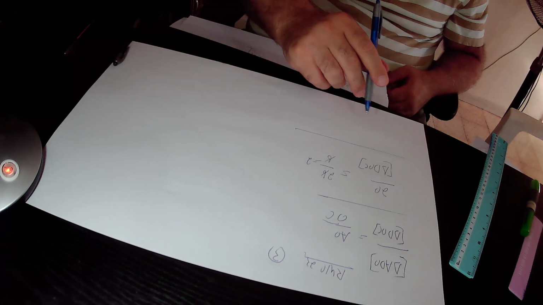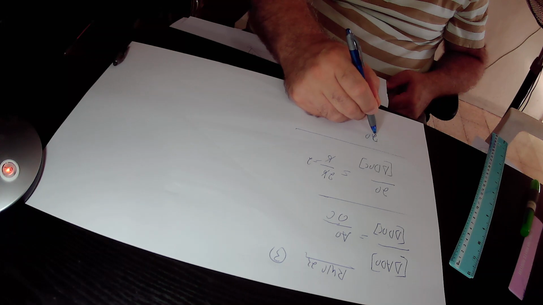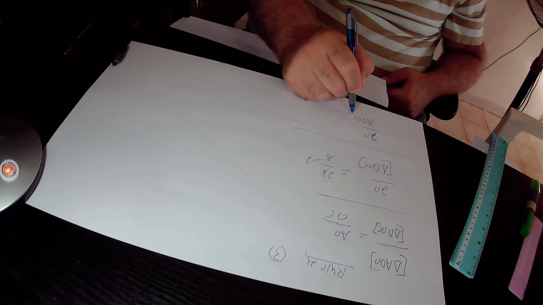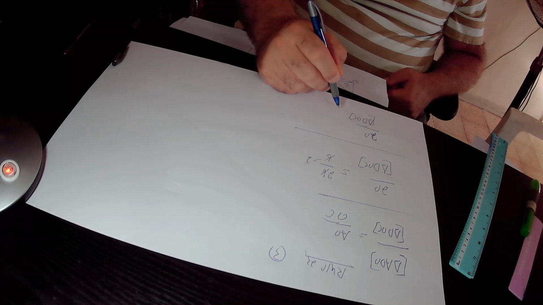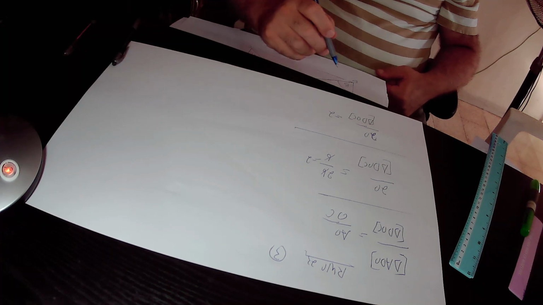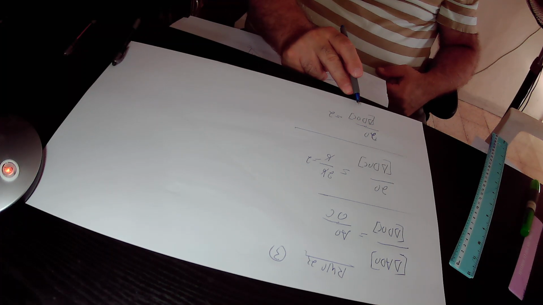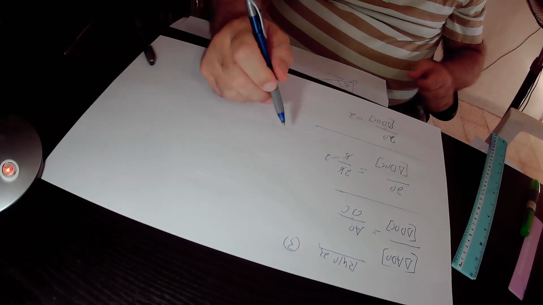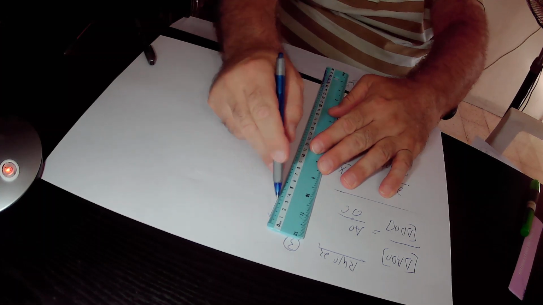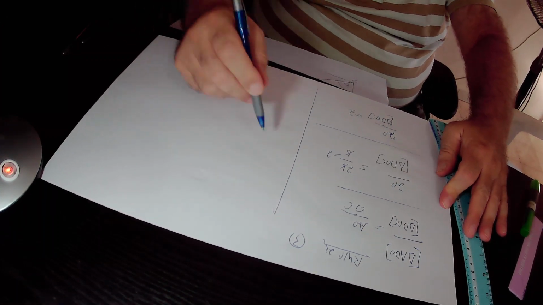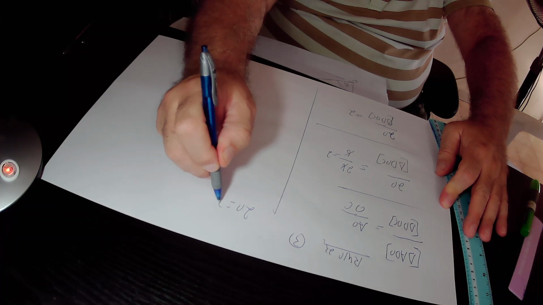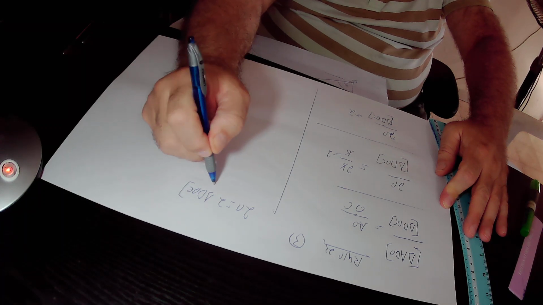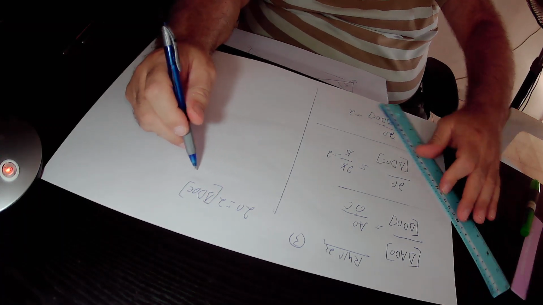So in total we found out that 20 over the area of triangle DOC is equal to 2. Here we multiply this equation by the area of triangle DOC and we get that 20 equals 2 times the area of triangle DOC.